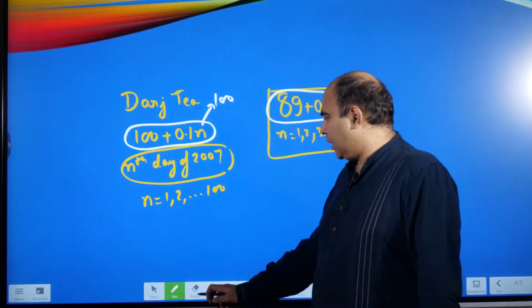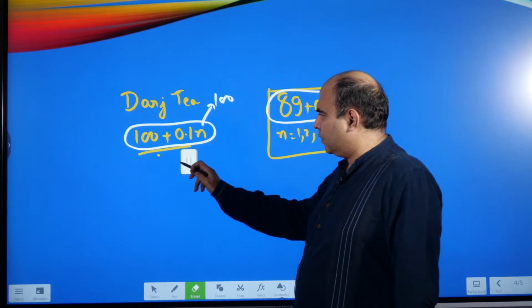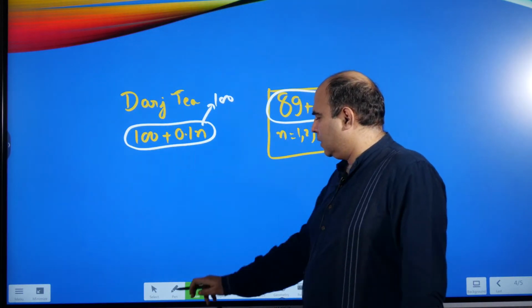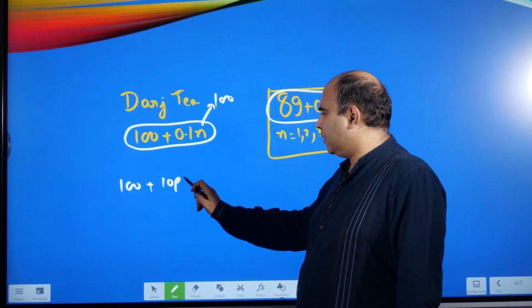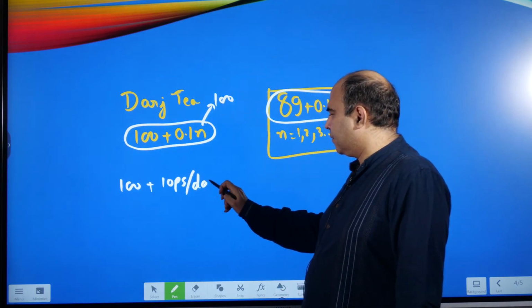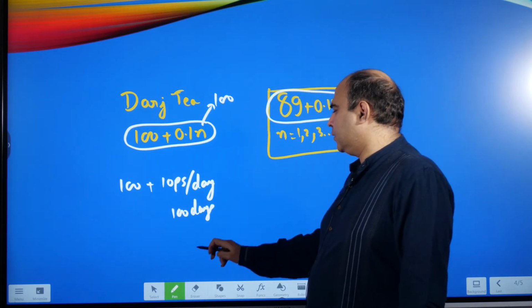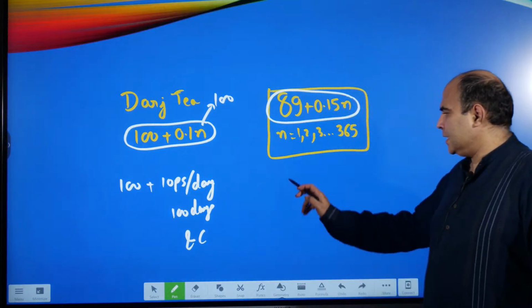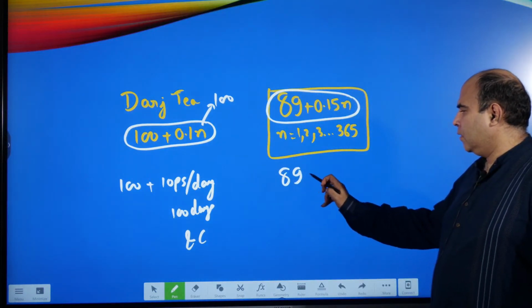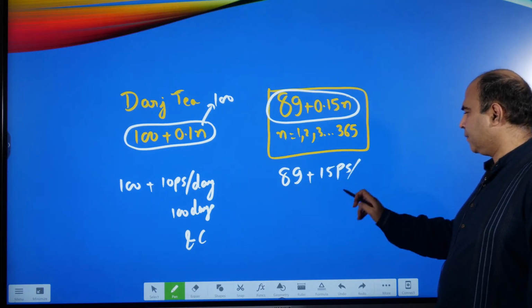So if I change this thought into language, the Darjeeling tea price is 100 plus 10 paise per day for 100 days and then constant, while the price of OTT is 89 plus 15 paise per day for all 365 days.